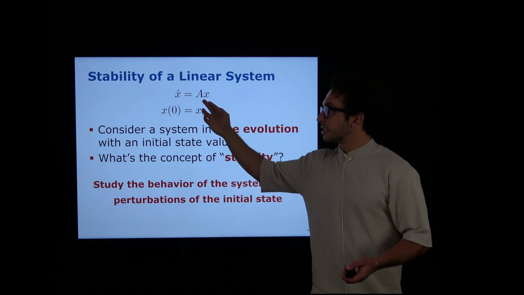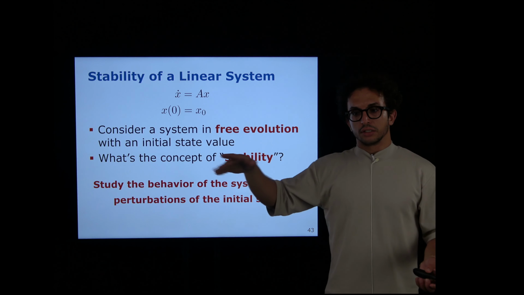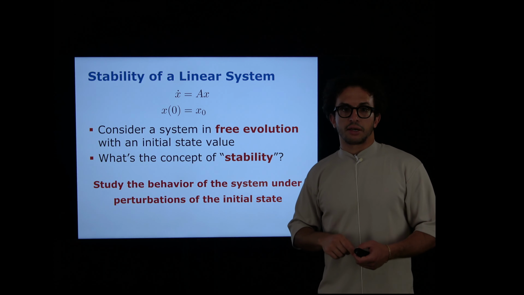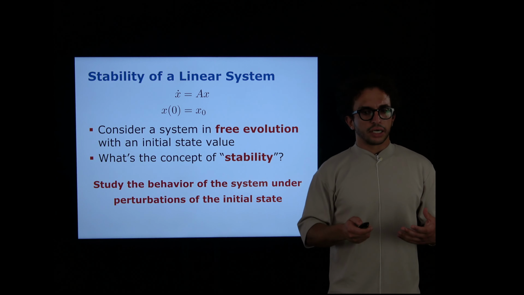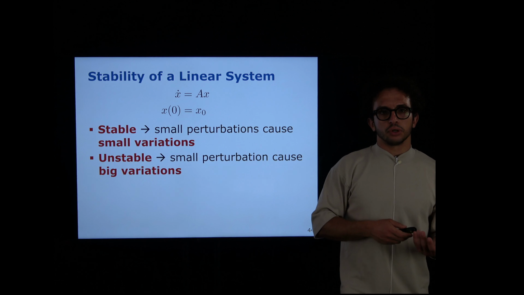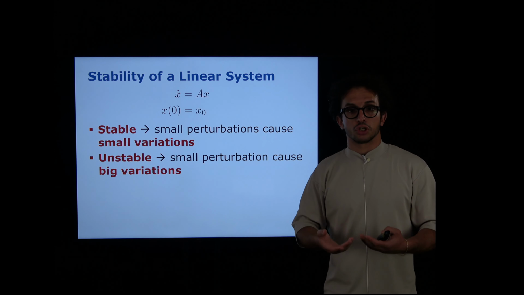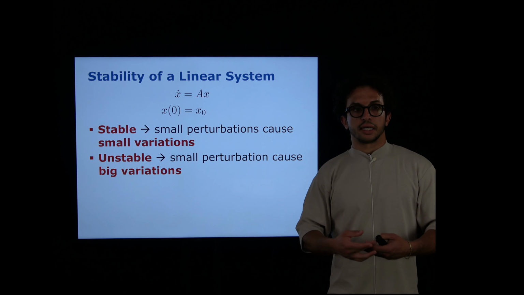So we have the system in this free evolution, we have an initial state, and the system would evolve. But then what if we perturb the initial state a tiny bit? What happens? Intuitively, you can imagine that a system is stable if a small perturbation causes a small variation of the state, while it's unstable if there's a big variation instead.